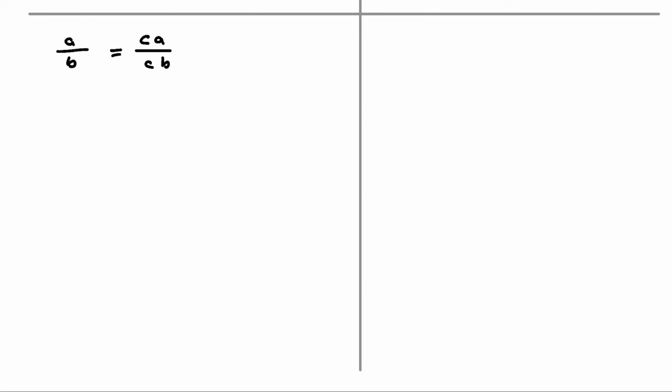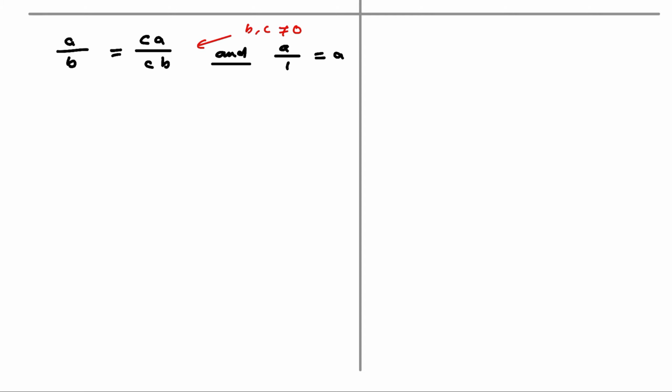So as with all of this, we have to have b and c non-zero. Okay, and in particular, this has the strong consequence. It's not really a consequence, but it's another thing to be aware of. A divided by 1 is equal to A. Just a very simple fact, these two things together.